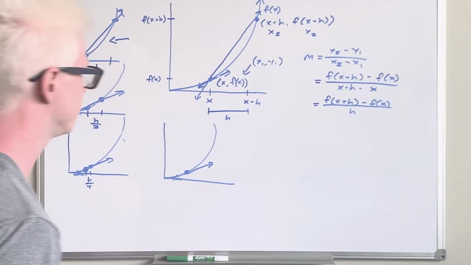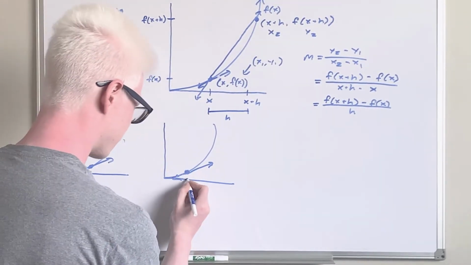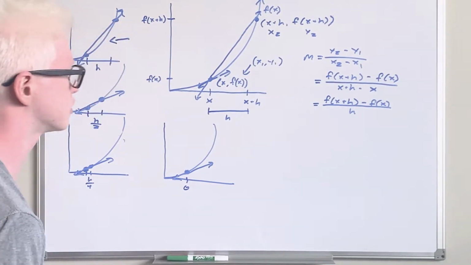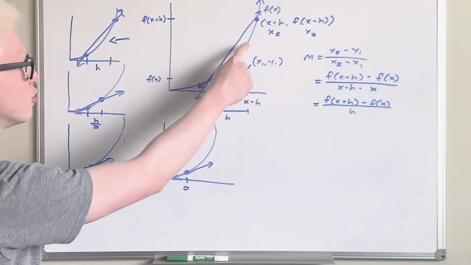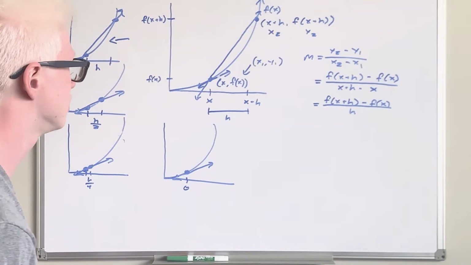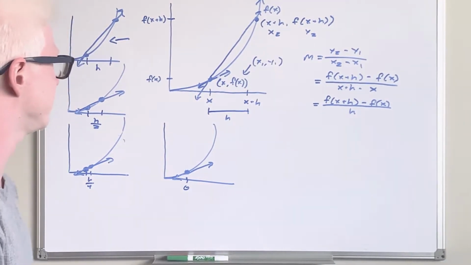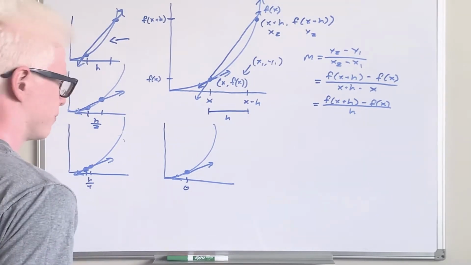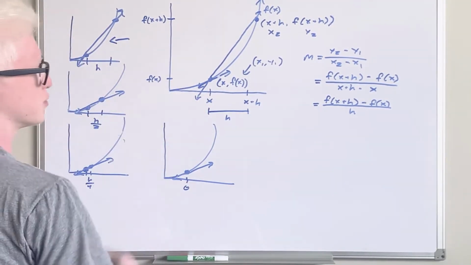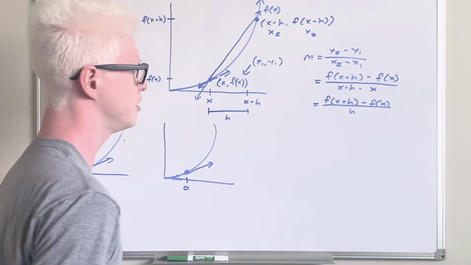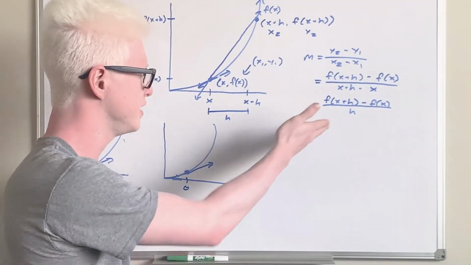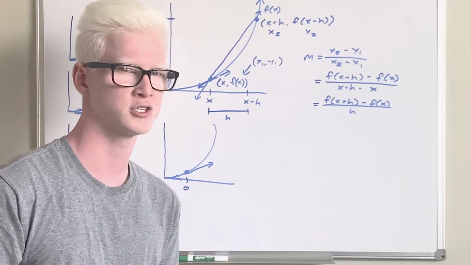If you imagine at this point right here, this is 0. So the change in h is 0 when this point meets with this point. So let's just plug in 0 for h in the slope, because that's essentially what we're doing here to get to this point. But the only problem is, if you look in the denominator, it's just h, and we can't plug 0 in for h.